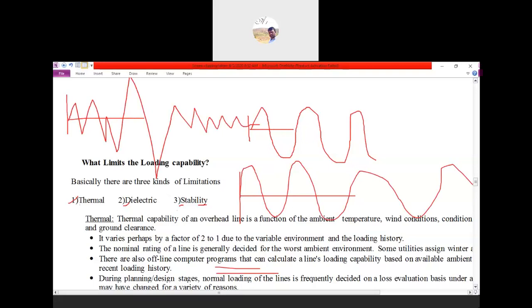So the voltage is increasing, and due to the voltage increase, the power also increases in this transmission line.